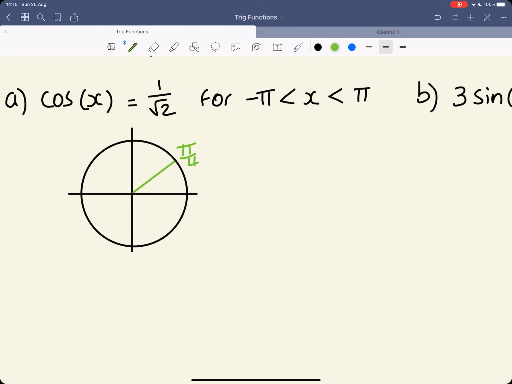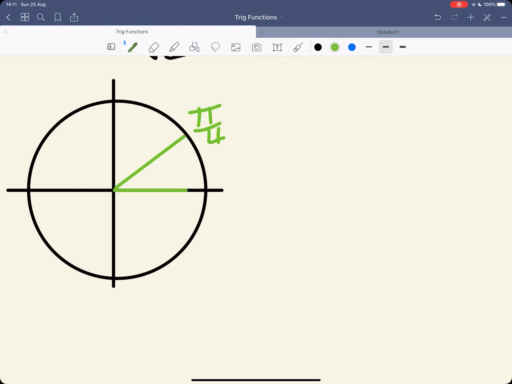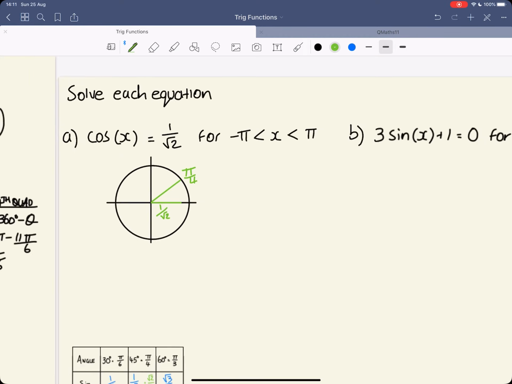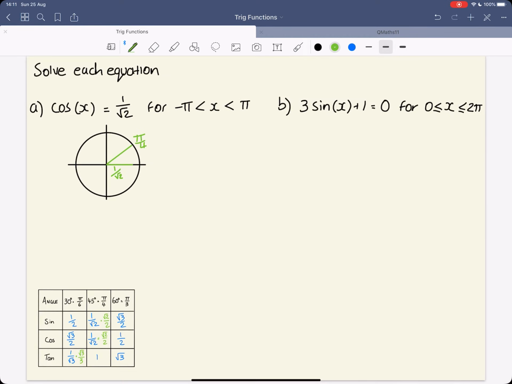I'm going to highlight that. So we have to go across 1 on root 2 units to get to that coordinate.